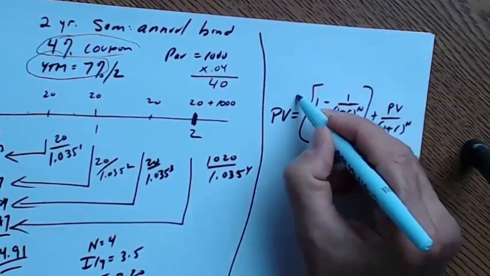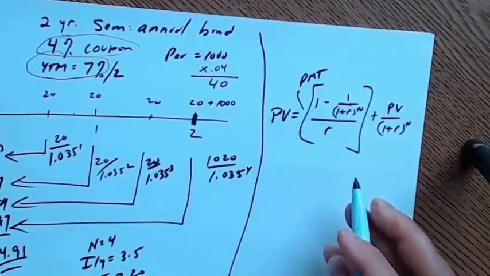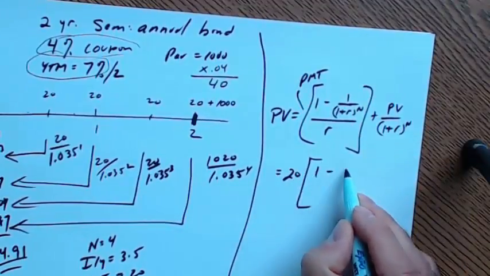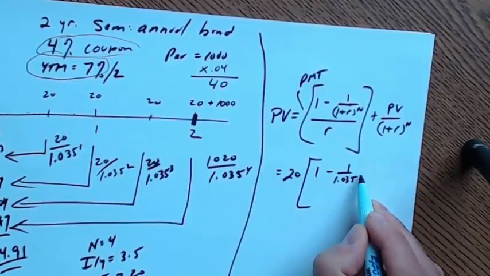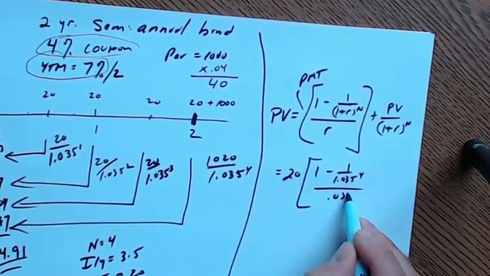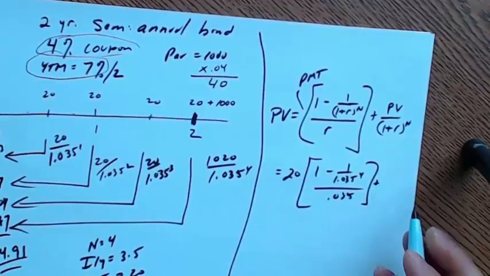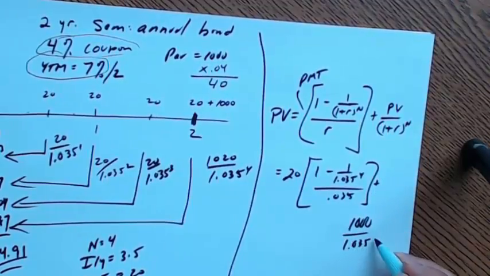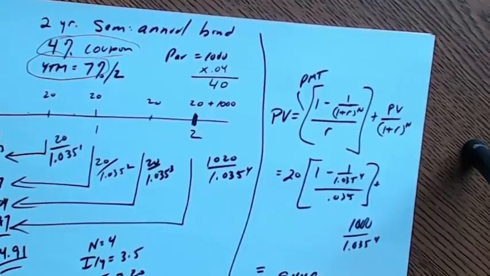Oh, don't forget to put payment here. So if I plug the numbers in, that's 20 times 1 minus 1 over 1.035 to the fourth, divided by .035, plus 1,000 divided by 1.035 to the fourth. We will come up to 944.90 again.